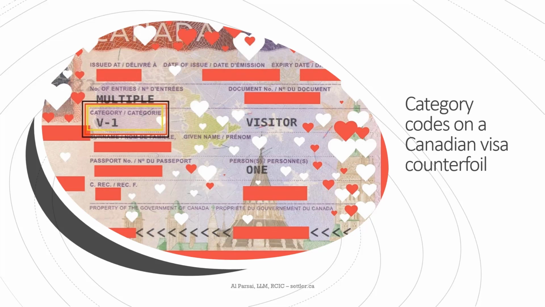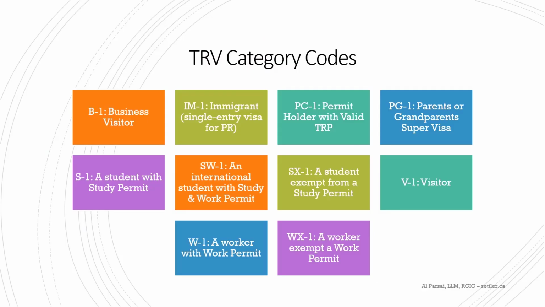In this picture, you see V-1, which refers to a visitor. But if you want to see other codes, there are many codes, but these are some common codes. For example, B-1 is for business visitors. IM-1 is for somebody who has received approval for permanent resident, but they need to travel to Canada to become permanent residents.